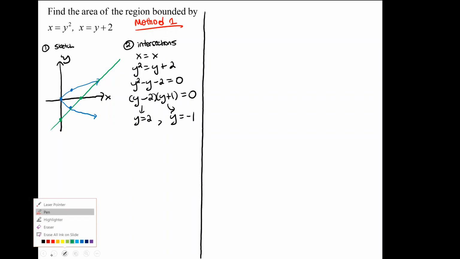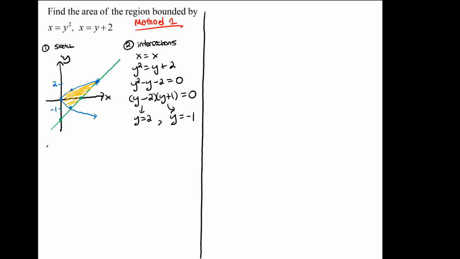Okay, so we're looking at this region here. Keep in mind that when we set up the integral, we're going from the lower y value to the higher y value. If we want to think sideways, we're going from -1 up to +2, where they cross.